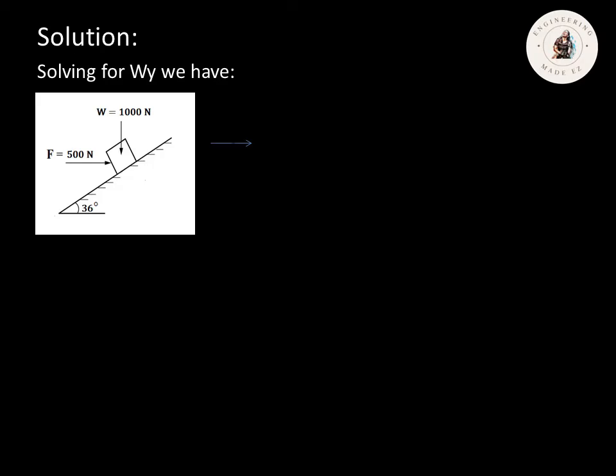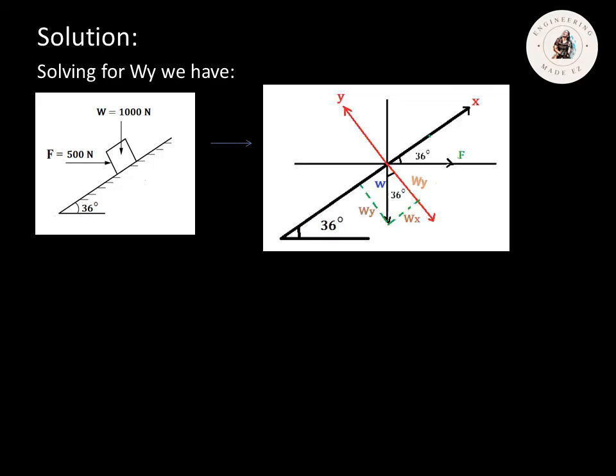Solving for our Wy, as you can see, Wy is at the adjacent side of our angle. That's why we're going to use cosine theta. Given W is equal to 1,000 Newton, we have Wy is equal to W multiplied by cosine theta. Substituting the values, we have W equivalent to 1,000 and theta equivalent to 36 degrees.